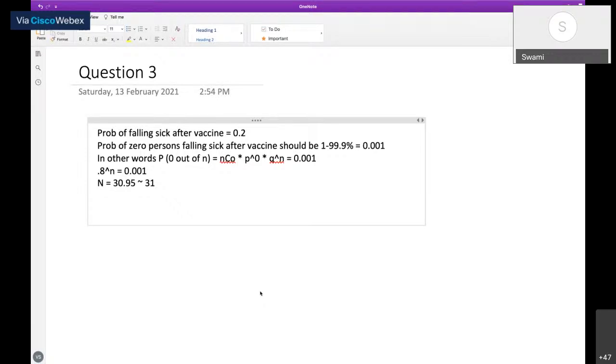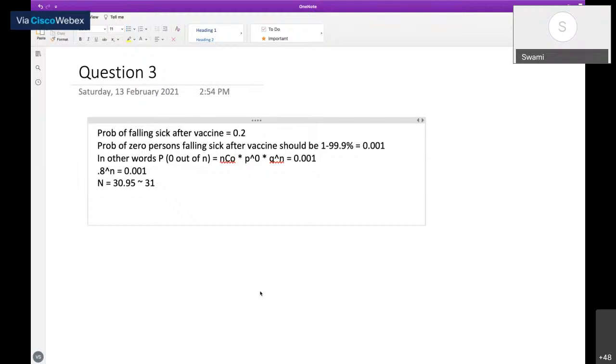That means if there are n people, the probability of 0 people falling sick should be 0.001. Applying the binomial, selecting 0 from n, the probability is nC0 times p to the power 0 times q to the power n minus 0, which is n. This value should be equal to 0.001. nC0 is 1, and p to the power 0 is 1. So the equation reduces to 0.8 to the power n equal to 0.001.